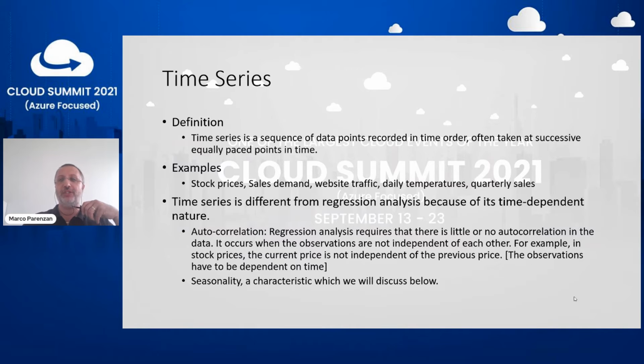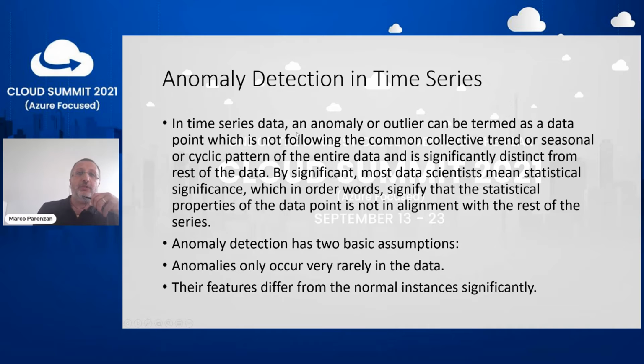Anomaly detection in time series. That means events that are sequenced in time, events that are ordered in time and have to be considered as ordered, because without ordering you cannot consider this. Anomaly detection in a time series makes the assumption that there is probably an outlier.